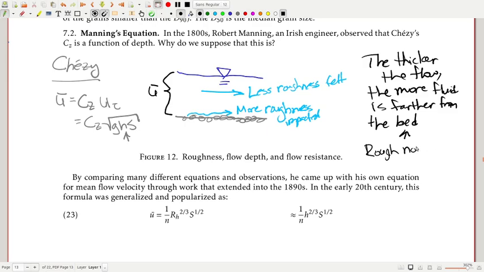Make sure that you can see that that's a g. And because of that, then you start to take into account more flow that isn't really as affected by that roughness, and therefore the flow velocities end up getting faster. And so what we'd expect is that the Chazy coefficient would go up as the flow depth goes up.